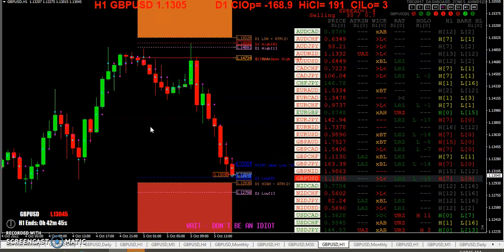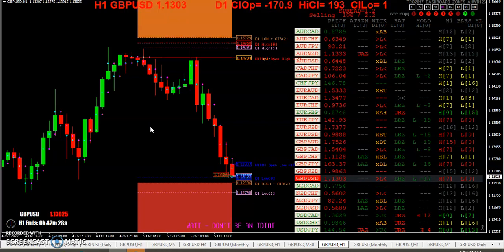Right. And I was just going to say, I pulled up the dashboard here with the ATR zones because we're in the lower ATR zone. We're in the lower previous day's wick zone.